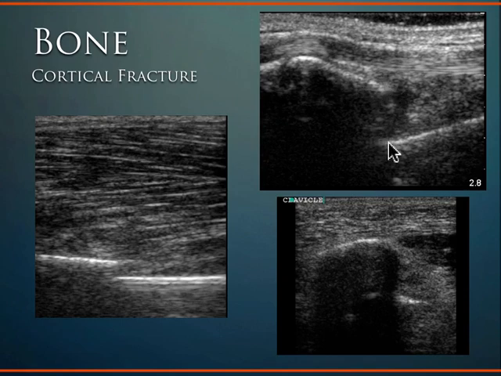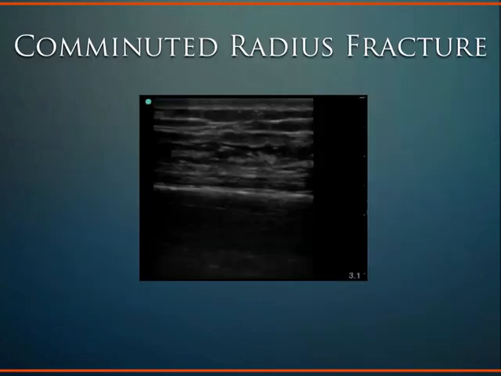It'd be nice if they were all this obvious. They're not always all that obvious when you're looking at that top right picture. And then this distal clavicle fracture, a very common step-off type appearance and displacement of the bony fragments.